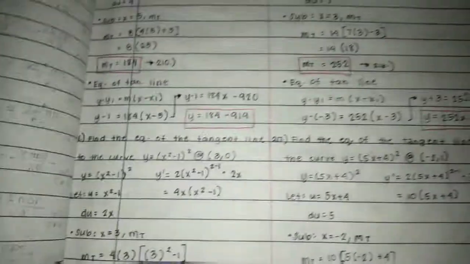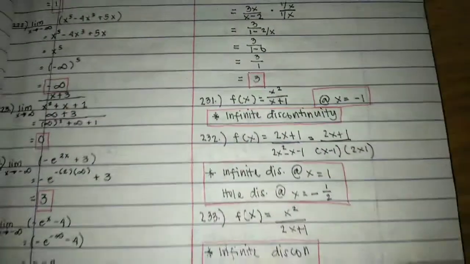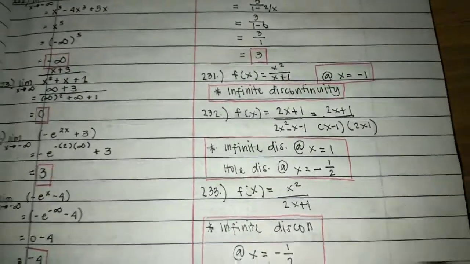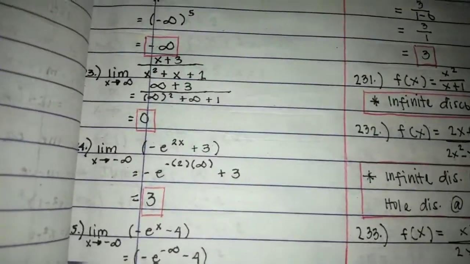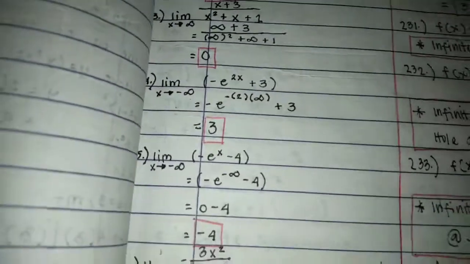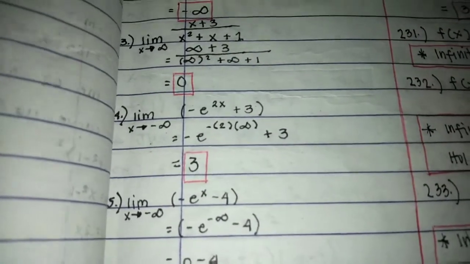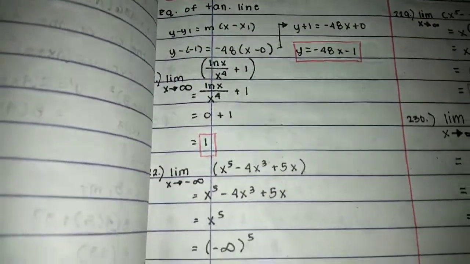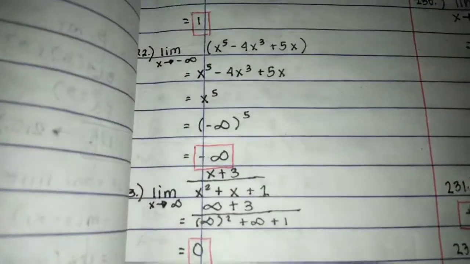Tangent line. This is all about discontinuities: the infinite, the hole, and the jump discontinuity. Right here talks about limits once again, but a deeper interpretation of the limits, the limits at infinity.